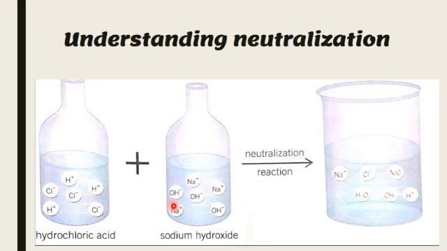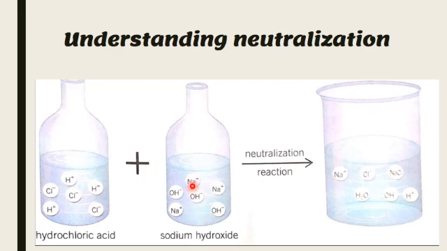All alkalis contain hydroxide ion. You can see here OH. OH is called hydroxide ion. Sodium hydroxide: it means all alkalis contain hydroxide ion and sodium ion. There are the same number of hydroxide ions as sodium ions.